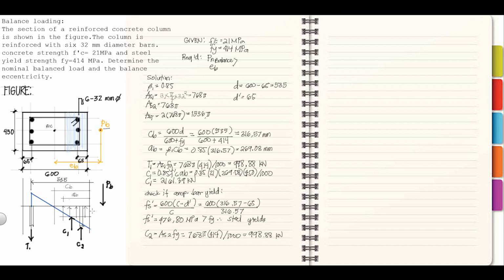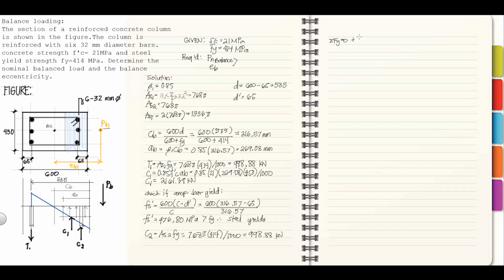Okay, so the value of PB, we can now solve the value of PB. As you can see, ito yung force natin: T1, C1, C2, and PB. Summation of forces along the y-axis is equal to 0.